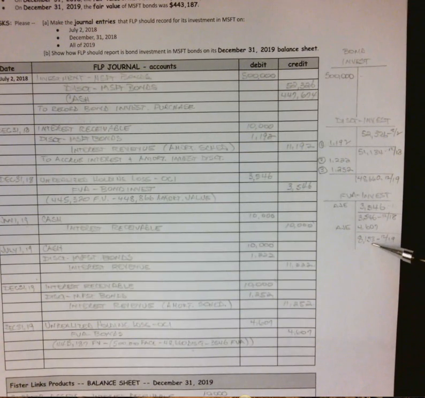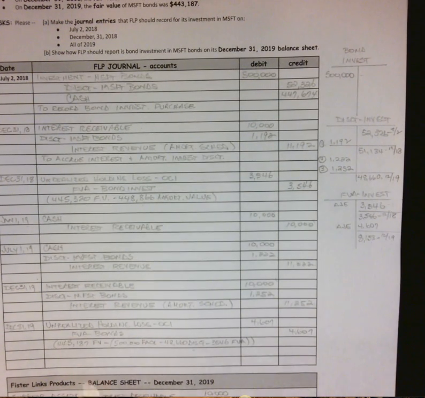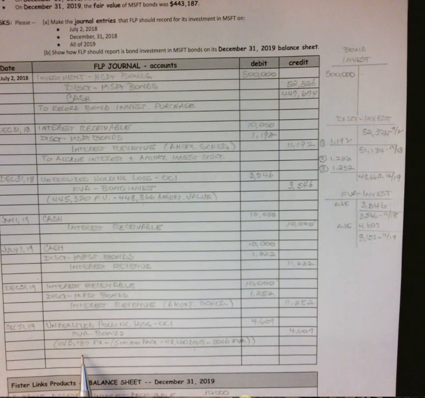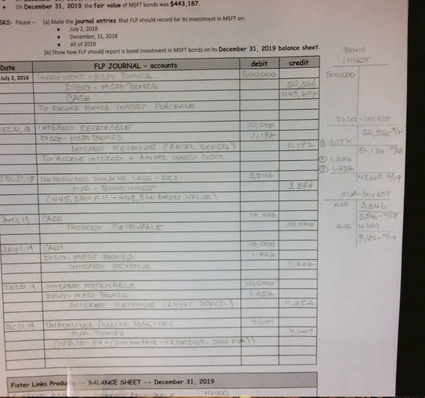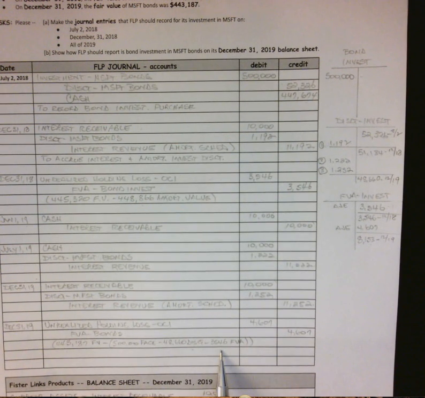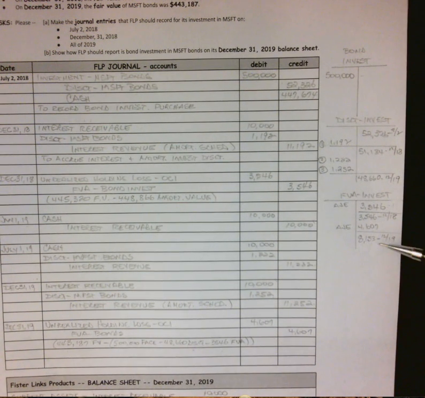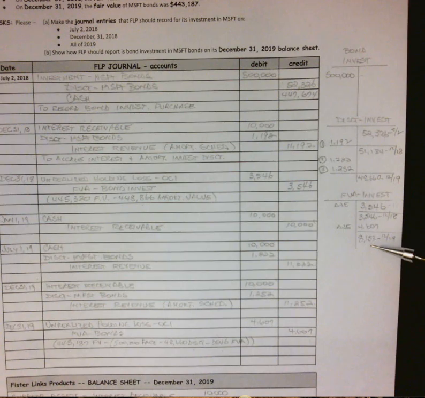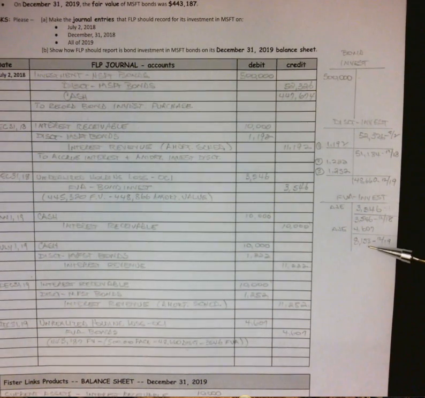We want a balance of $81.53 in the fair value allowance account, which would be the $443,187 less these amounts here. And that means that we need an ending balance of $8,153.